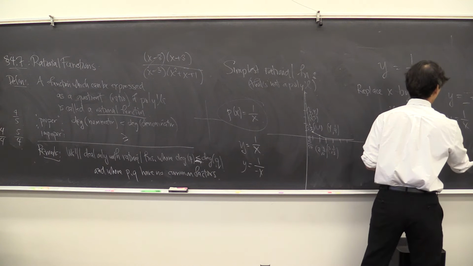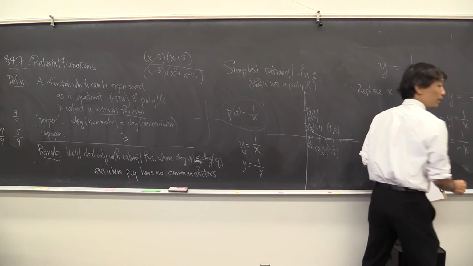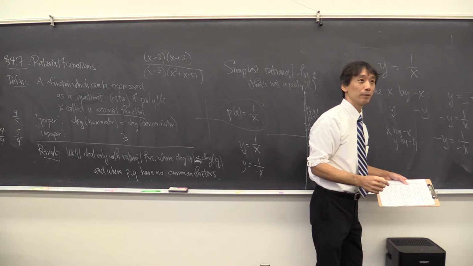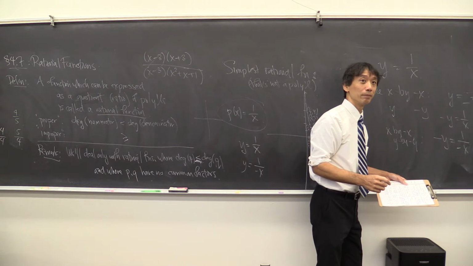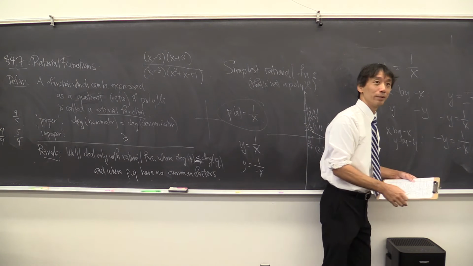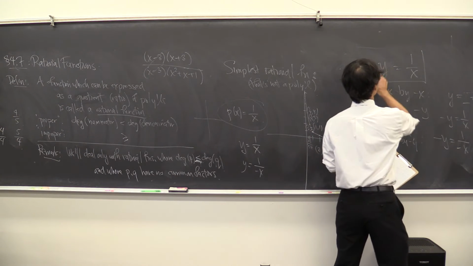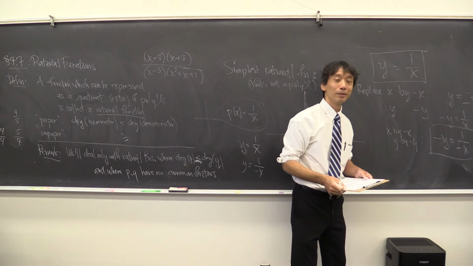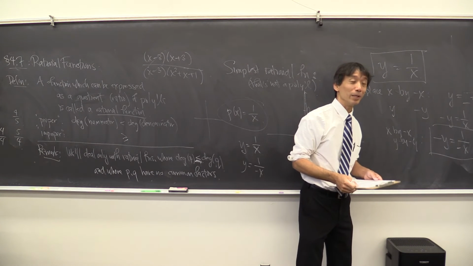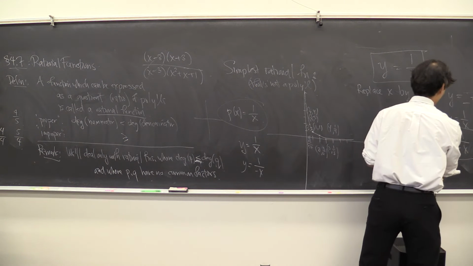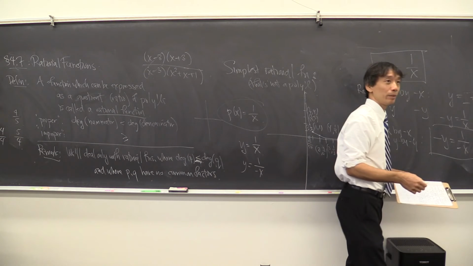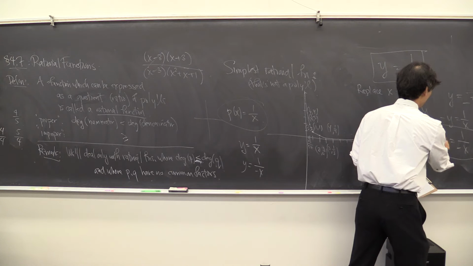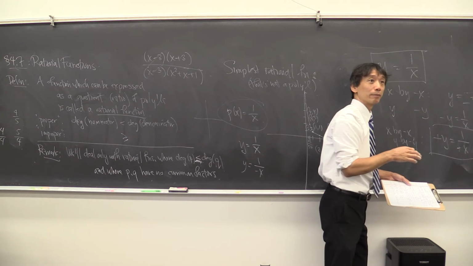Well, you get negative y equals 1 over negative x. Is that the same graph as this? Are these the same equations? Yes, because you can multiply both sides by negative 1, and you get the same thing.